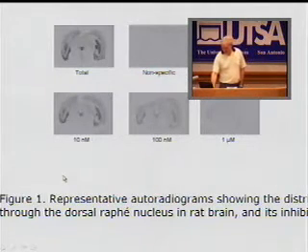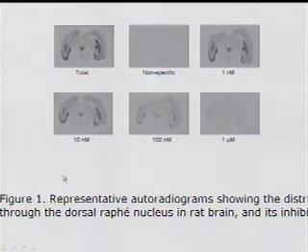Now, these type of data can also be produced using the in situ autoradiography, looking at where the radiolabeled ligand has bound. And this is with the Wei compound to generate that data we saw in the prior table.